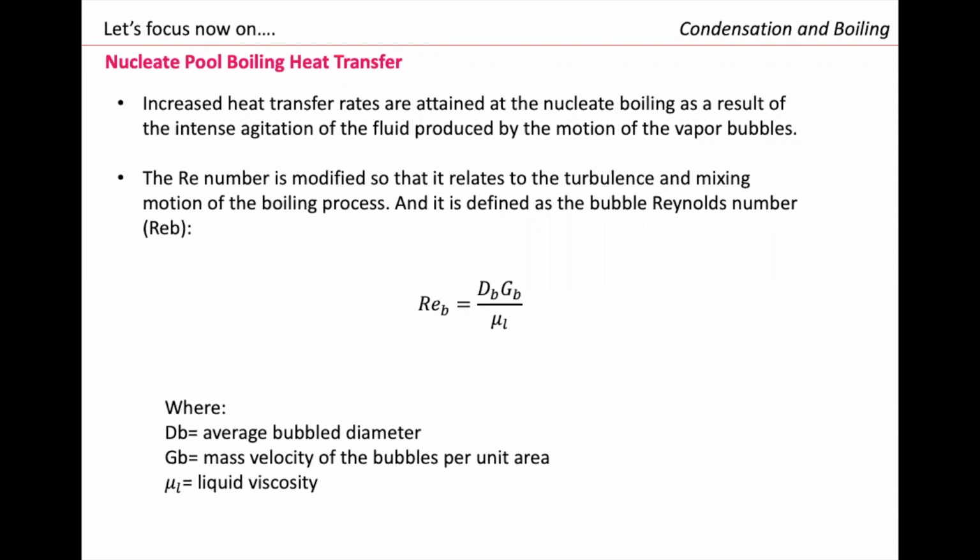When we are dealing with nucleate pool boiling, we need to rearrange our Reynolds number a little bit, and now it's going to be Reynolds bubble. That's why it has this little b here. The Reynolds bubble is dB times GB divided by nu L, where dB is the average bubble diameter, GB is the mass velocity of the bubbles per unit area, and nu L is the liquid viscosity.